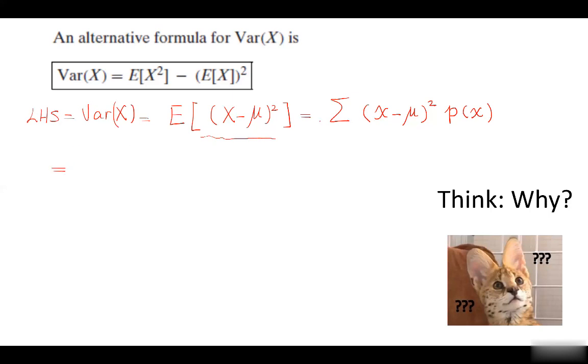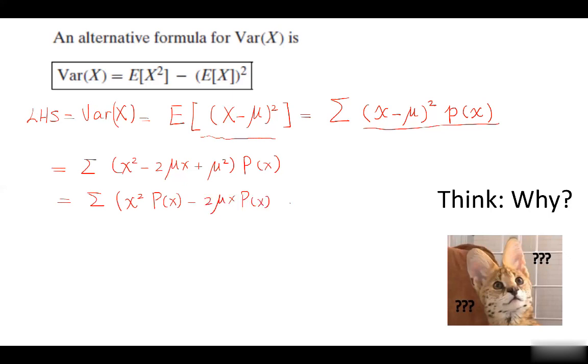Okay, then we can expand the latter part, which is (x squared minus 2 mu x plus mu squared) times p(x), right? Because p(x) is a common factor, we can also distribute p(x), which means x squared times p(x) minus 2 mu x p(x) plus mu squared p(x), right?